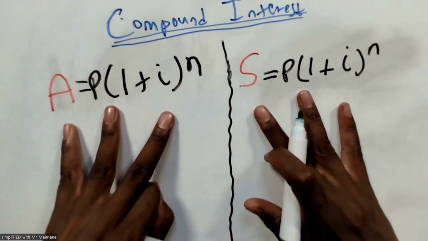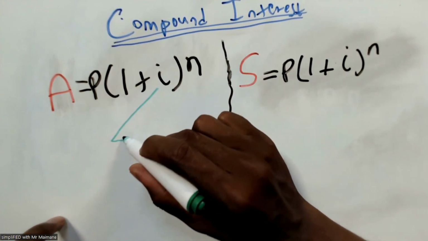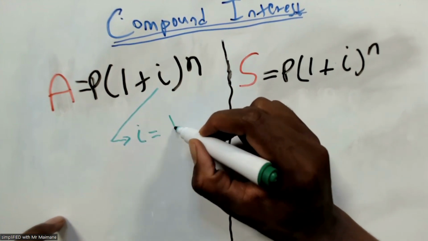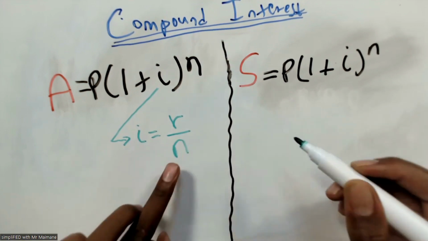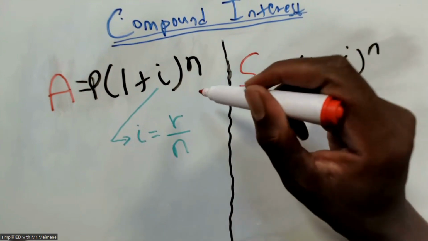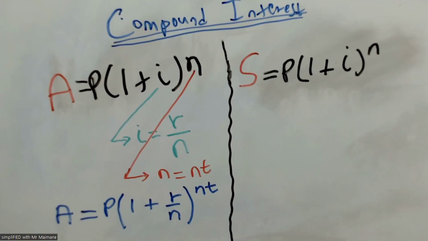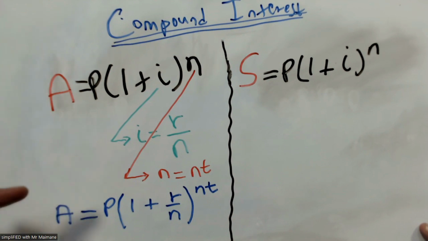So if you see your formulas like this, you must always know that the value of i is equal to r, the interest rate, divided by n, which is the compounding period in this case. The variables don't matter, but I just want you to look at the equation. This equation is exactly the same as this.